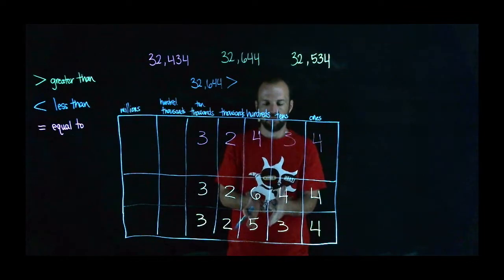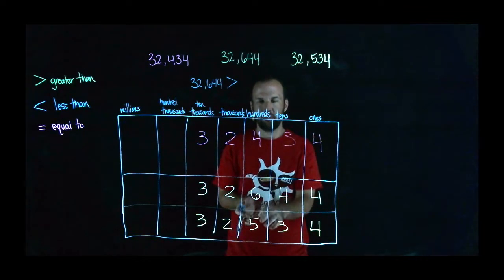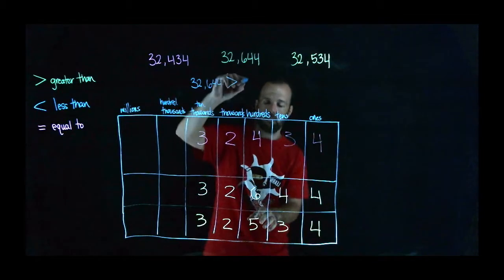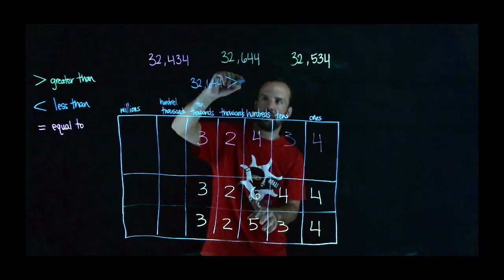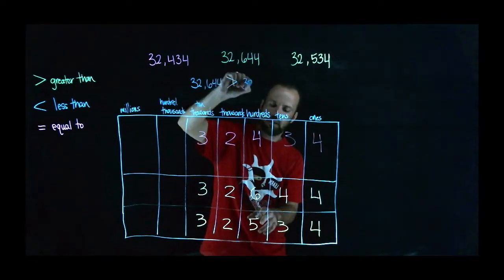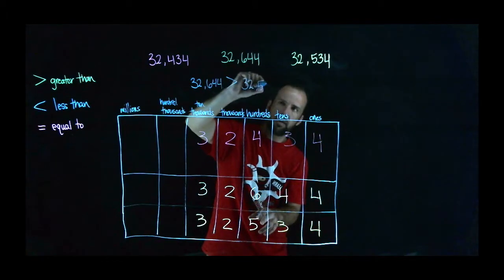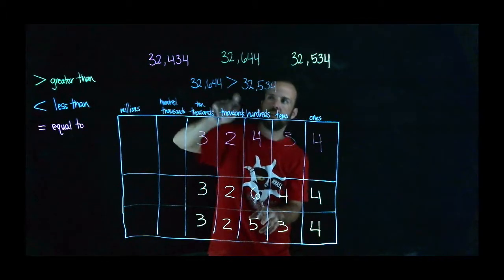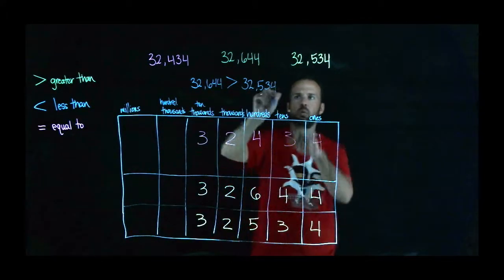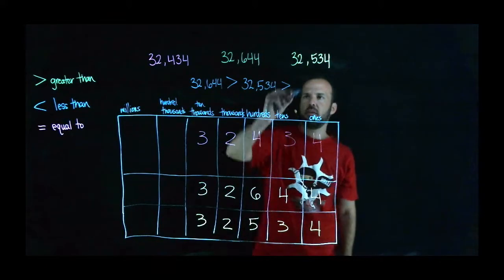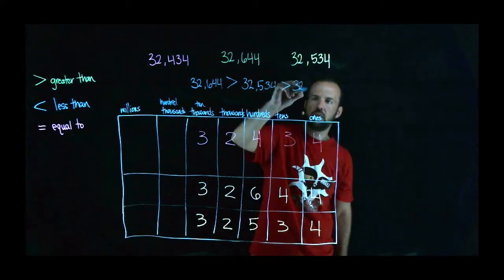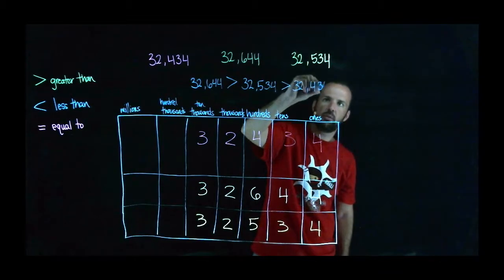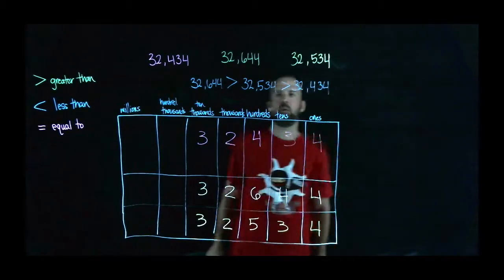Again, I'm going to look at this hundreds place. 6 is my greatest digit. 5 would be my next digit, right? So 32,534 would be next. So it's greater than this number, which is greater than 32,434. So we can compare those and put them in order that way.